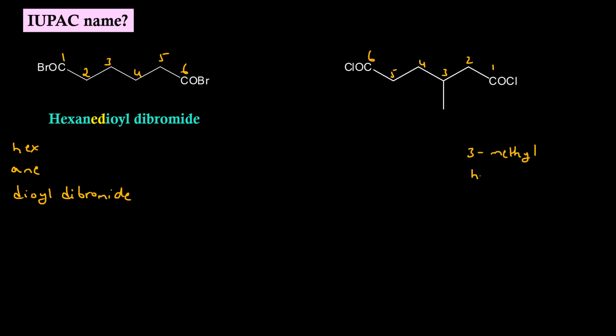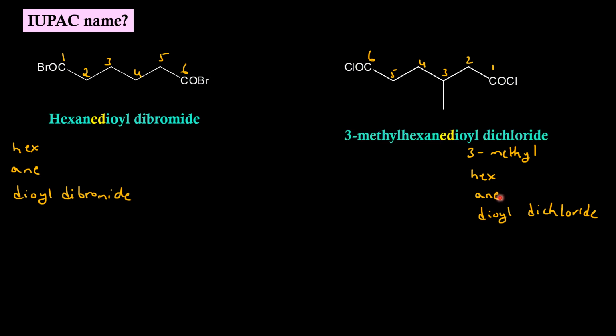Root word is hex. Primary suffix is ane. Secondary suffix is dioyl dichloride. For the same reason, E of the primary suffix has to be retained. IUPAC name will be 3-methyl hexane dioyl dichloride.